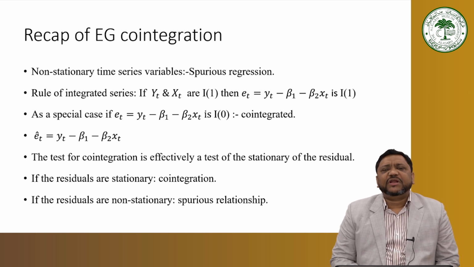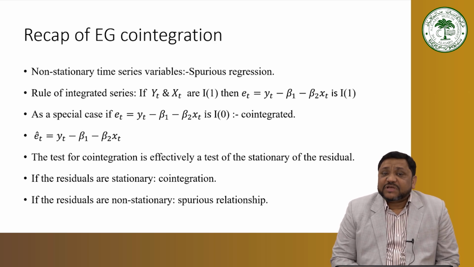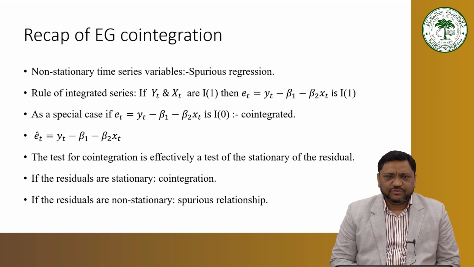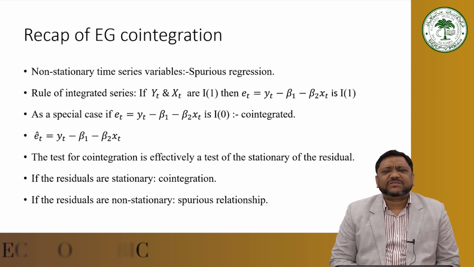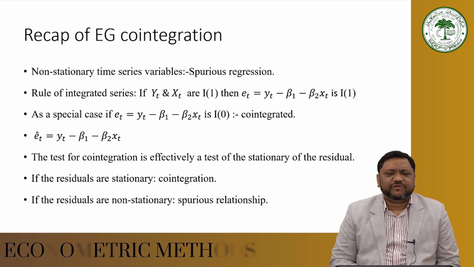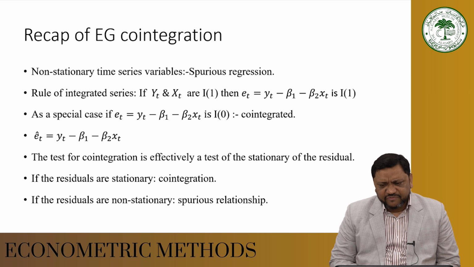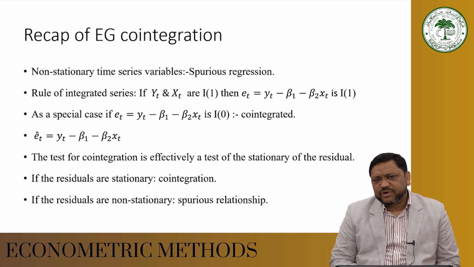But as a special case, if somehow this combination series is I(0), then we can say that there is a long run relationship between these two variables. So basically this Engel-Granger method was a test of stationarity of the residual. If the residual series is stationary, there is cointegration.